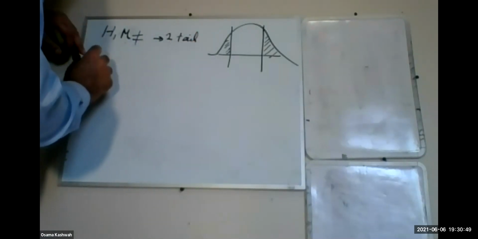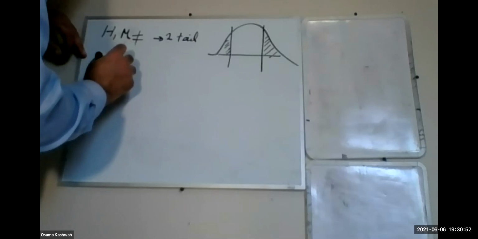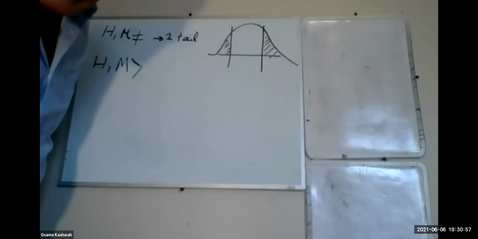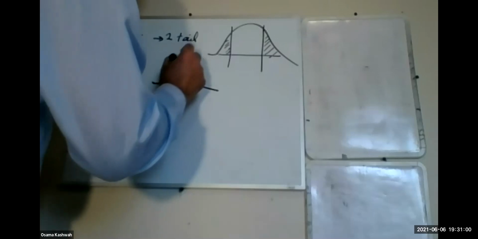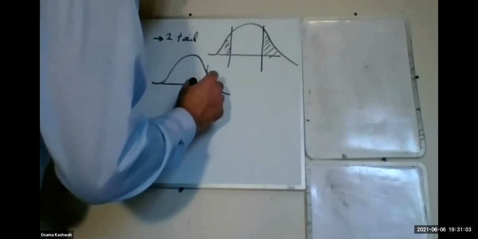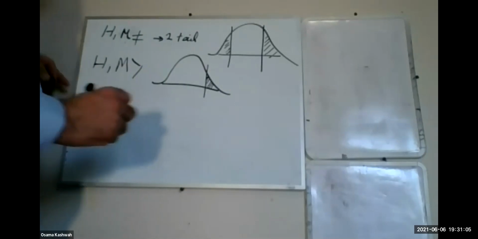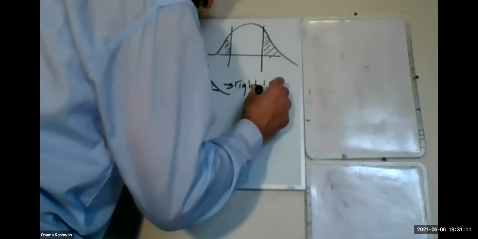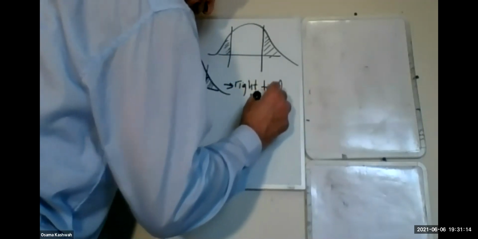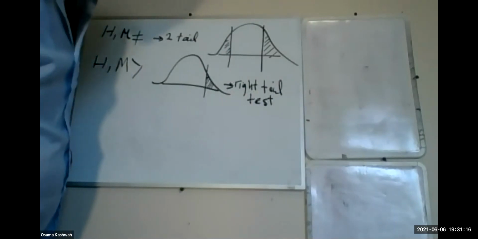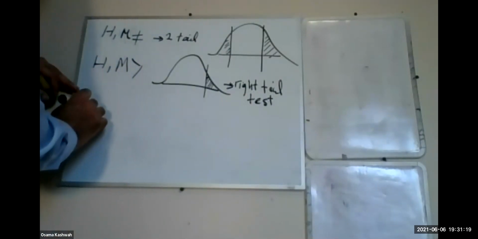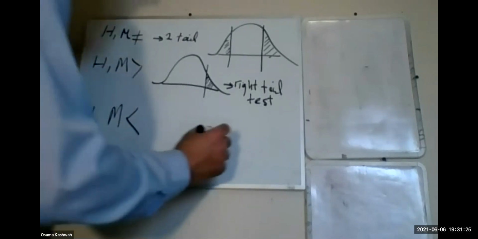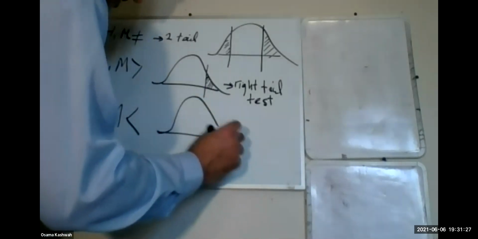If H1 says mu is greater than, we put it on the right side here. This is a right-tail test. And if H1 says mu is less than, in that case it will be a left-tail test, this way.